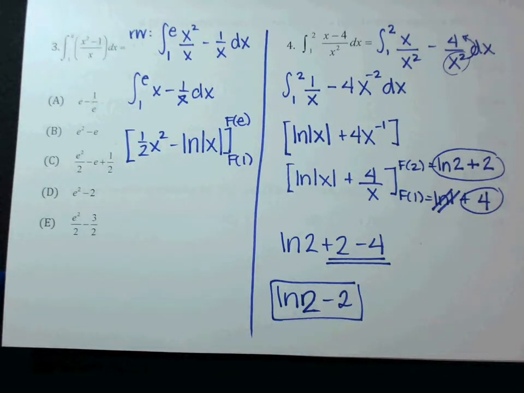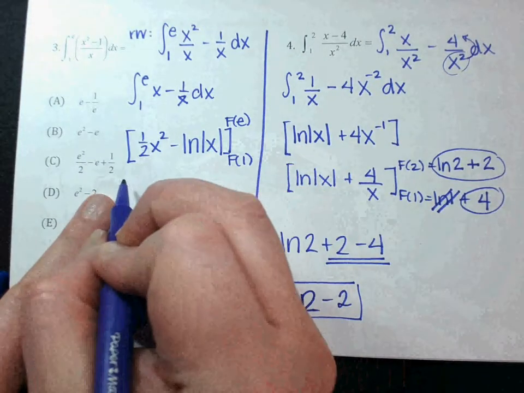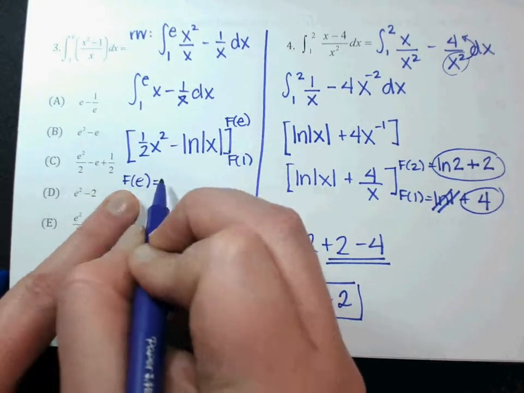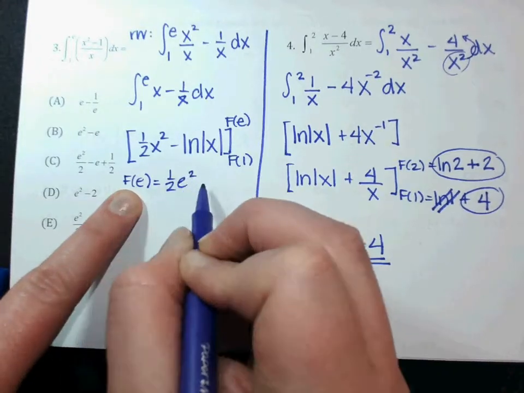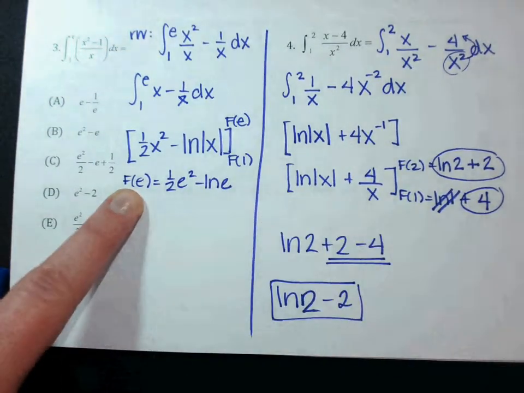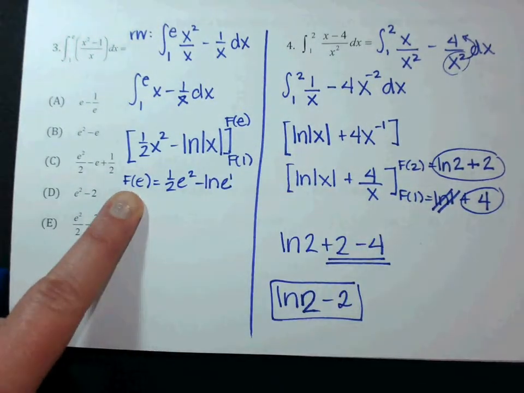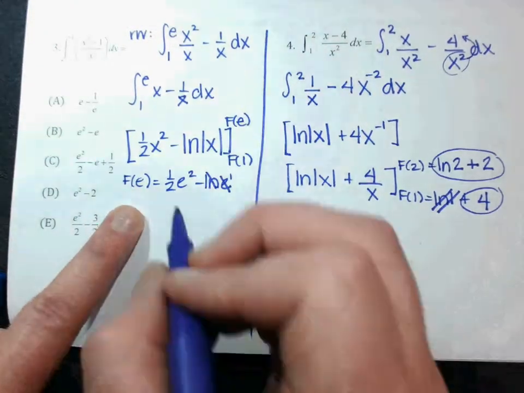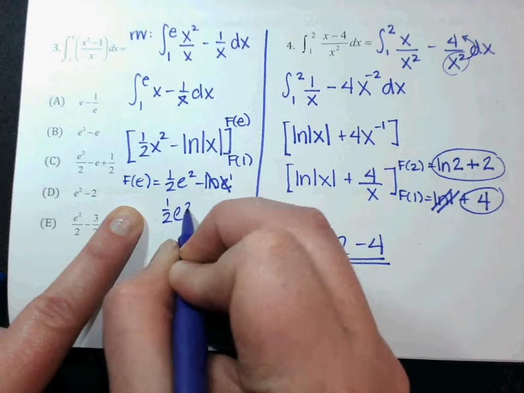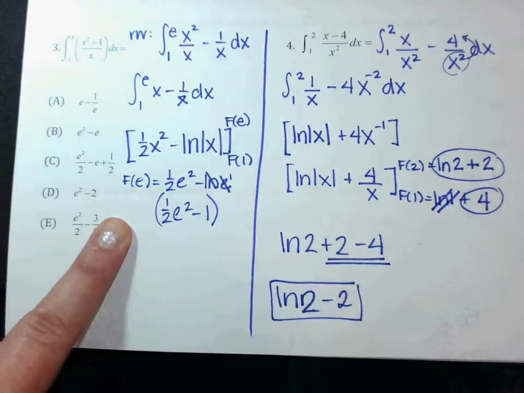So from here, I'm plugging in E. So I would have 1/2 E squared minus ln E. Now, ln of E is like E to the 1. When the ln and the E cross out, the 1 is left over. So that would be 1/2 E squared minus 1 as your top number.